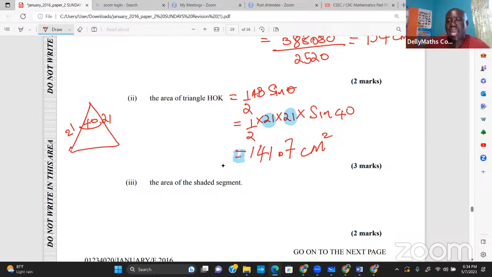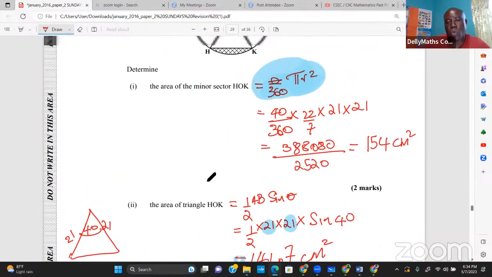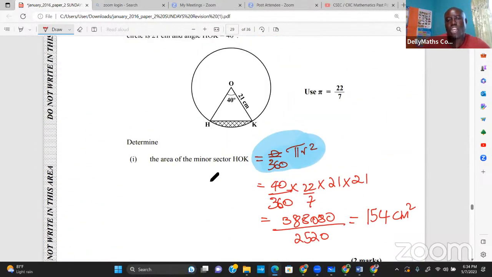And then, as you could see, they want to know the area of the shaded region. You're dealing with the sector, and then you're dealing with the triangle. If you pull the triangle off the sector, you're only going to be left with this little piece. This is called a segment by definition.